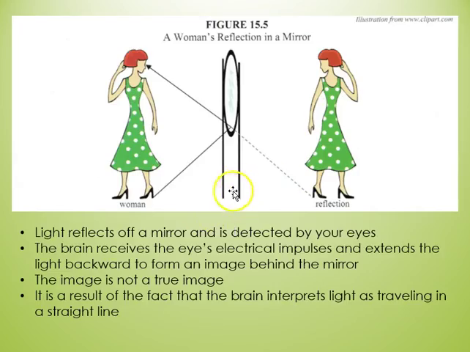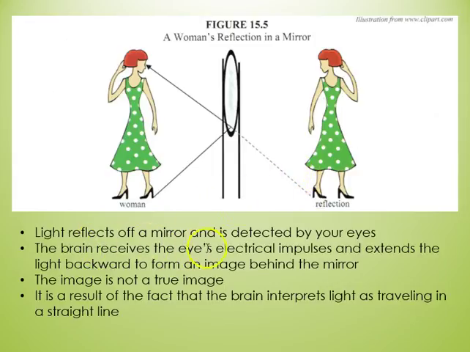So let's look at that. The image comes from the woman's foot and goes to the mirror. It's reflected off of the mirror to her eye. At this point, she actually sees her foot, and it appears to be behind the mirror. But it's not a true image.